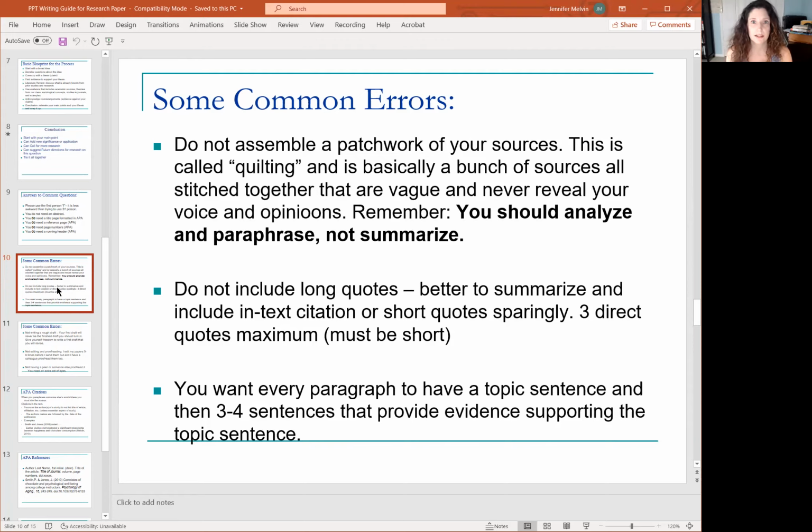Now, please don't put any long quotes in. Absolutely none. If you use a short quote, it needs to be something that you could not possibly do justice by paraphrasing it. I'm going to give you one of my favorite examples. Karl Marx said, "Religion is the opiate of the people."